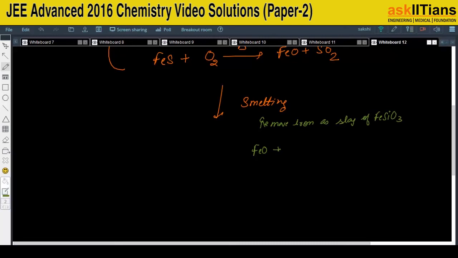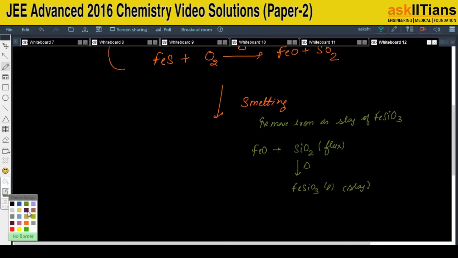You have FeO, which is treated with SiO2, the flux in this case, and you heat it, so it is going to form FeSiO3 liquid, and this will be slag. Once it has undergone the smelting procedure, you will get copper matte, which is nothing but Cu2S plus FeS.